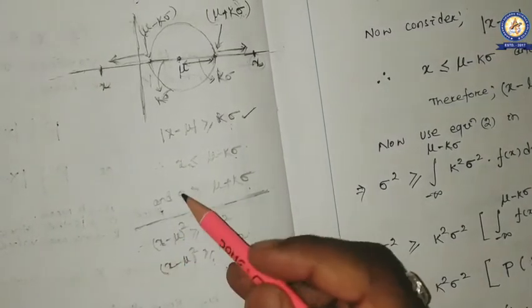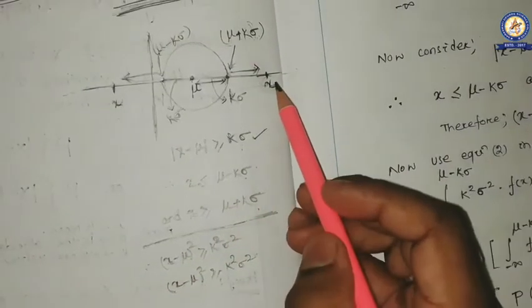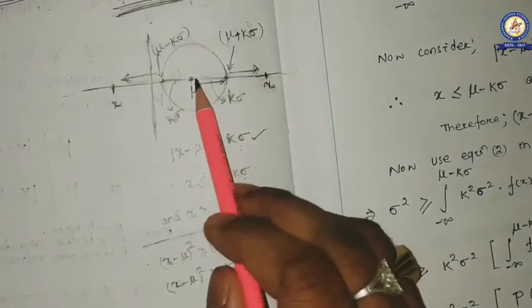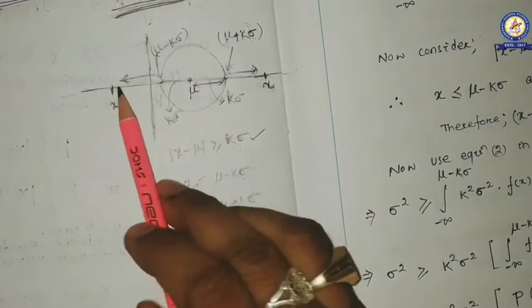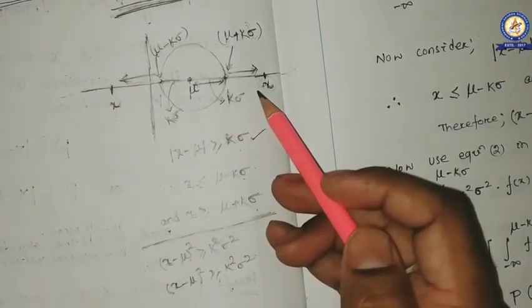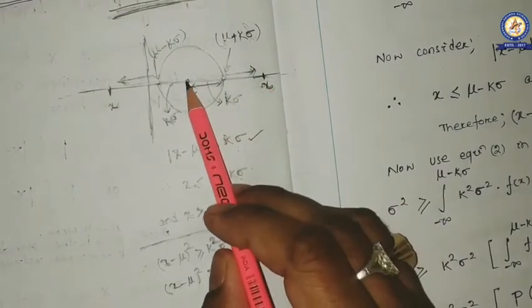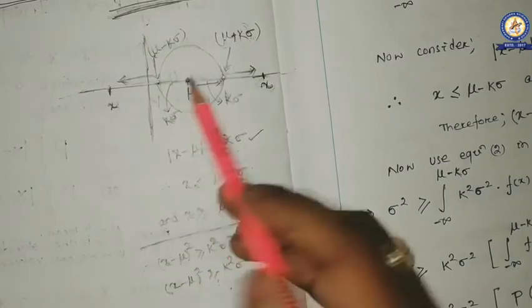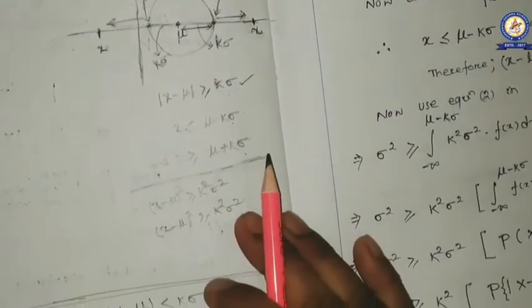Here another thing can be noticed: if we subtract mu from this x value, or from this value, and take the square, that means x minus mu square, whatever it may be, it will be a square value.